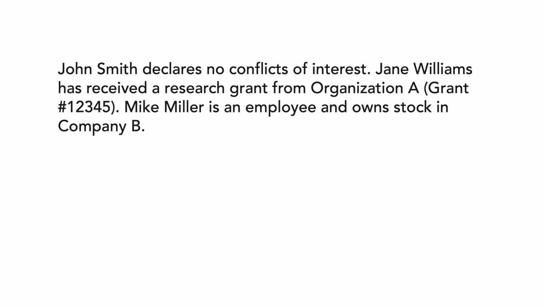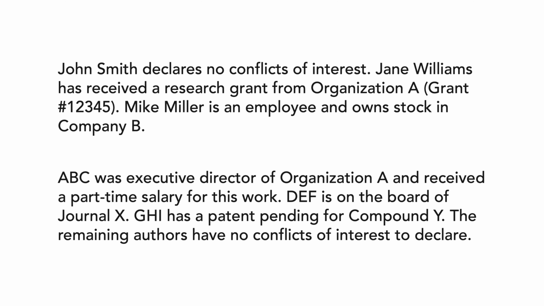Jane Williams has received a research grant from Organization A, grant number 12345. Mike Miller is an employee and owns stock in Company B. Or if you need to use initials, you might have something like ABC was executive director of Organization A and received a part-time salary for this work. DEF is on the board of Journal X. GHI has a patent pending for compound Y. The remaining authors have no conflicts of interest to declare.